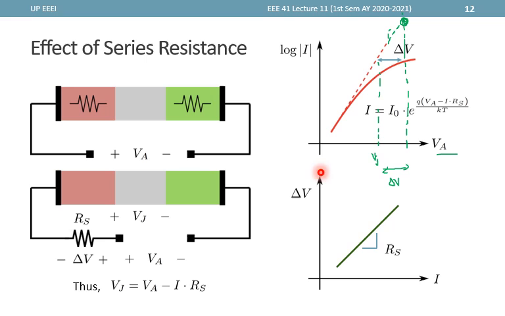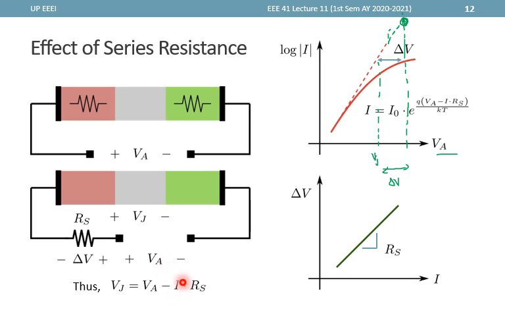Now this plot simply shows us how much is dropped across these series resistances as a function of current. So the larger the current is, the larger the voltage that is dropped across our resistor, and therefore the larger the portion that is removed from our applied voltage.